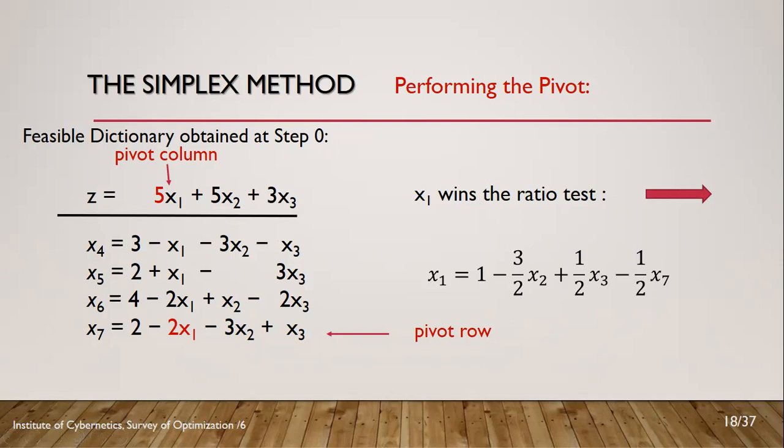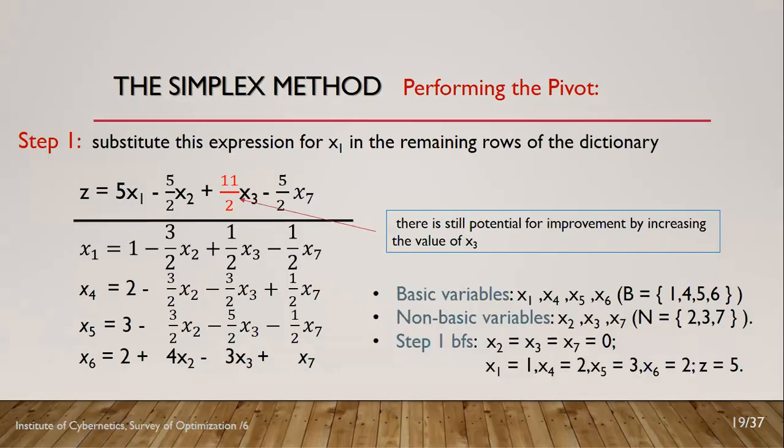And we substitute this value in the remaining rows of the dictionary. This is actually the final result of this substitution. So we substituted, then combined the like terms, and so on and so forth, and performed some basic arithmetic and algebraic operations.